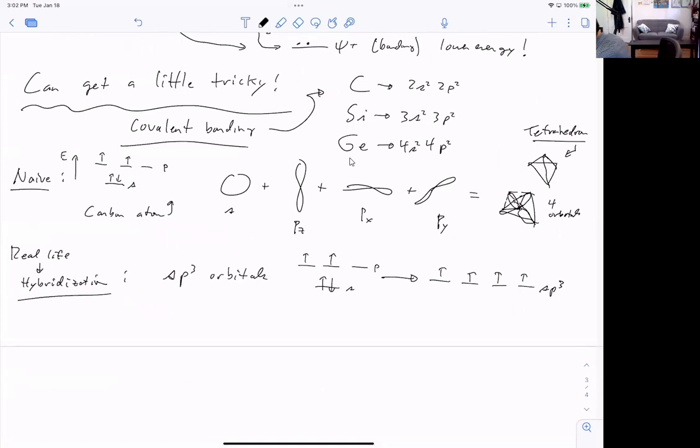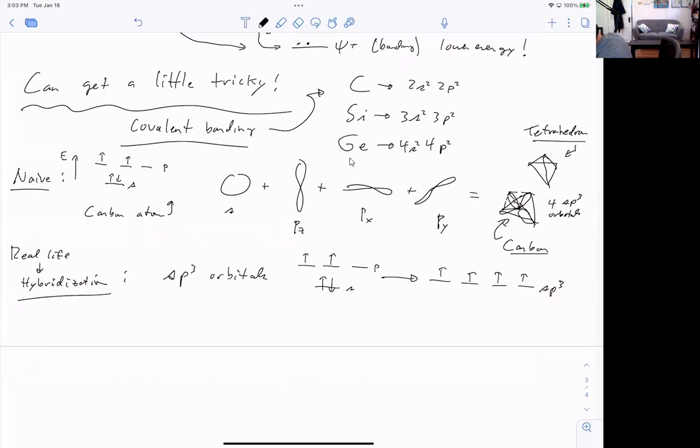So basically what you think of is the carbon. So this is carbon. The orbitals of the carbon really are these four sp3 orbitals that stick out. And it's the sp3 orbitals that bond.